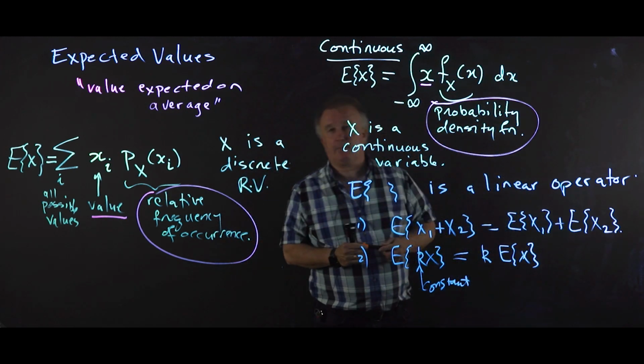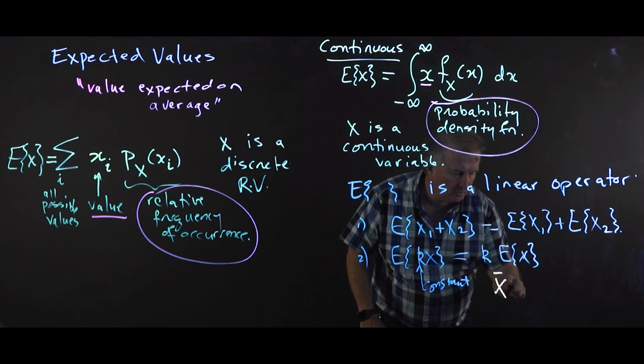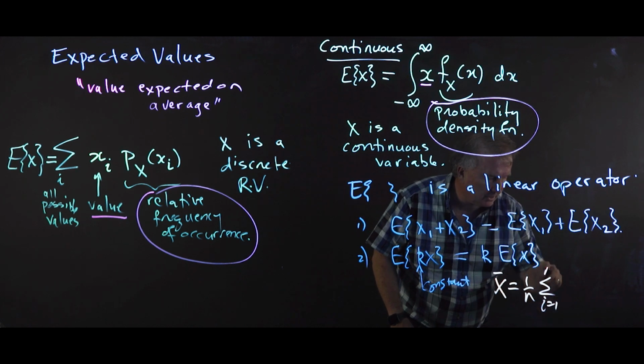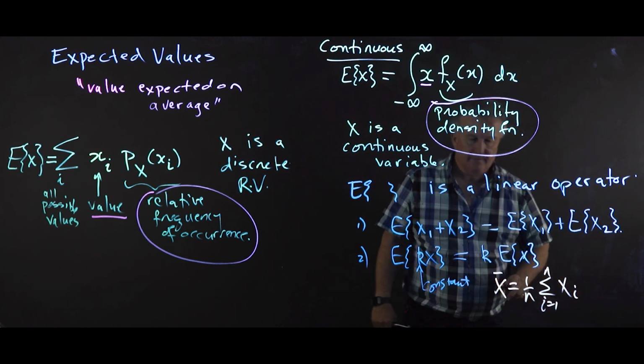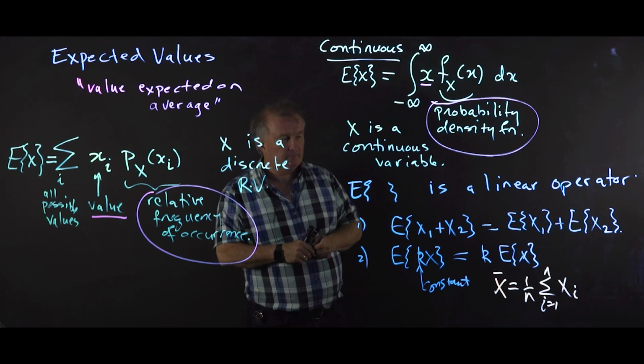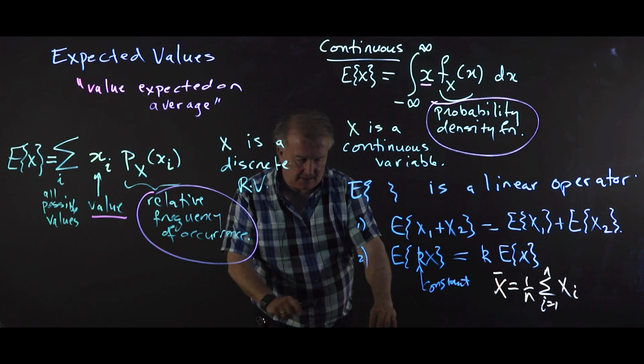Remember, the sample average is equal to 1 over n times the sum of all the samples that we took. If I want to take the expected value of x bar, then it's the expected value of 1 over n times the sum.